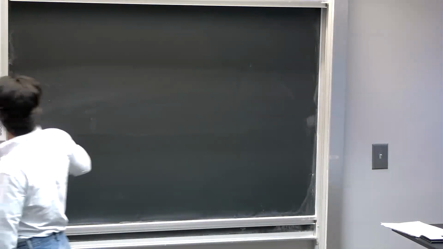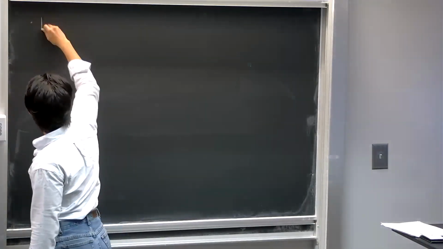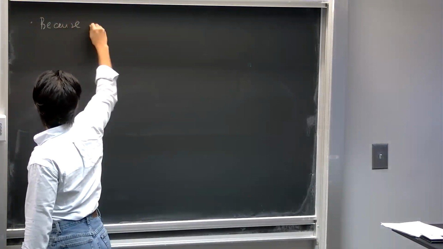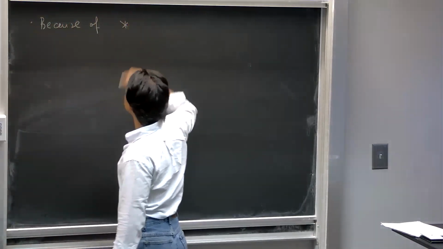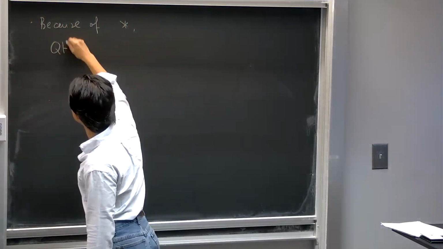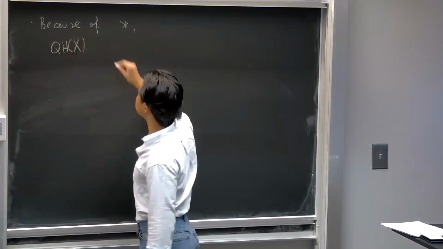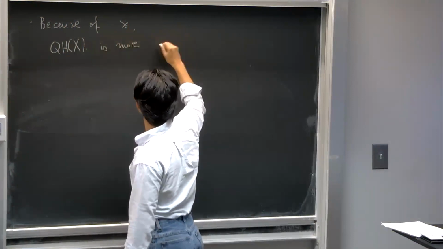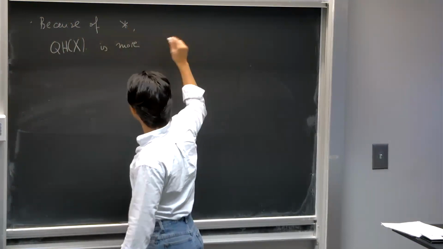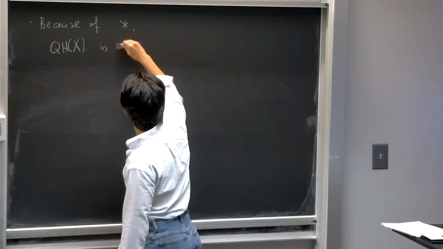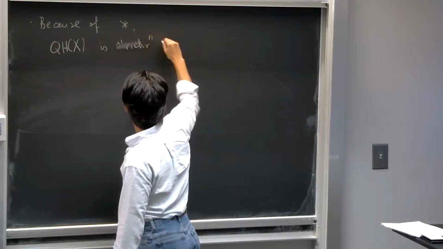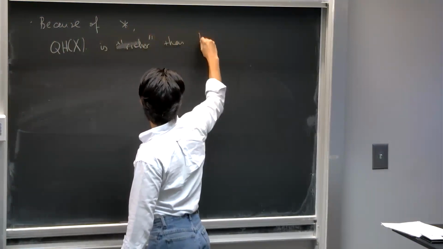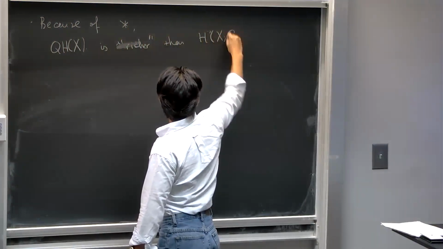Because the product structure is more involved and rich, the algebraic structure of the quantum cohomology is more interesting and involved than the usual singular homology.